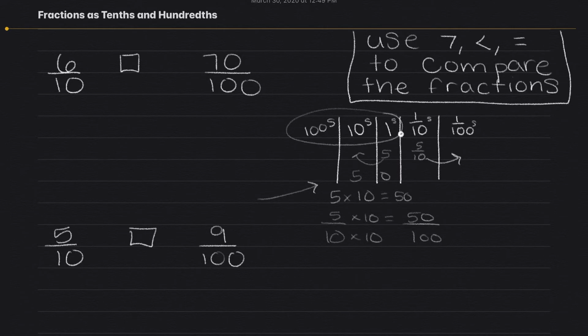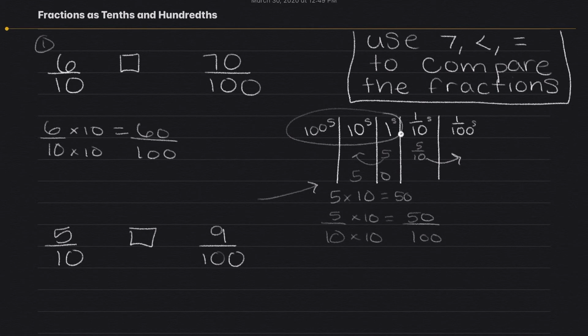Let's take a look at our first problem. 6 tenths compared with 70 hundredths. I know I cannot compare these fractions because they do not have the same denominator. So I'm going to take my 6 tenths, and what could I multiply by to turn it into hundredths? If you said 10, you're right. I multiply it by 10 over 10, and that gives me 6 times 10 is 60, and 10 times 10 is 100.